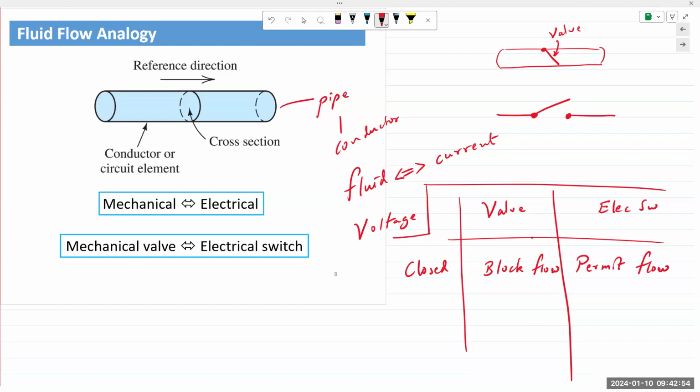There cannot be a break in an electrical circuit. If there's a break in an electrical circuit, that means that voltage or current does not flow. There's no pathway for the current to flow. Important point, electrical current always needs a closed path to flow. If it's open, it does not flow.